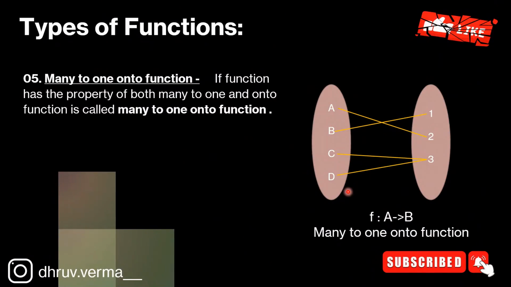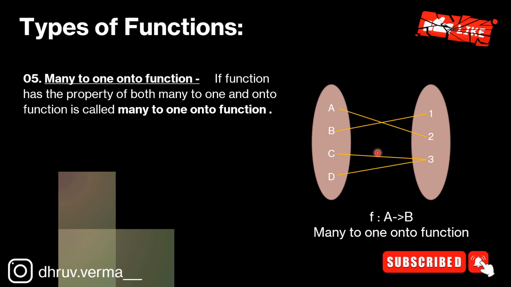Now I am going to talk about the many-to-one onto function. You can understand the definition of this function from its name. If a function has the properties of both a many-to-one function and an onto function, it is called a many-to-one onto function.